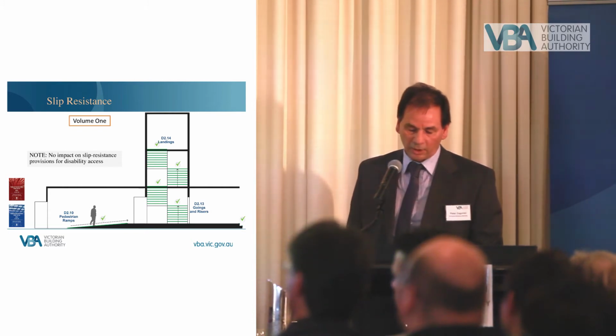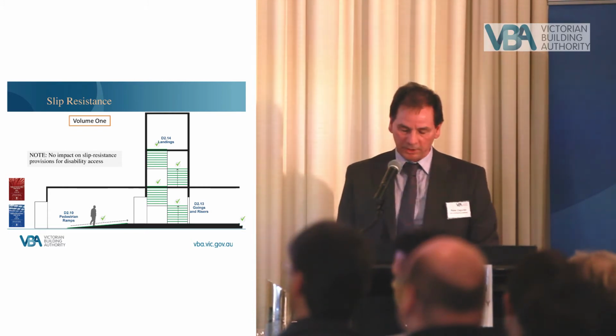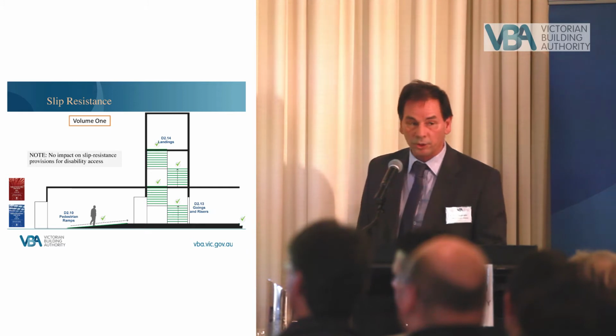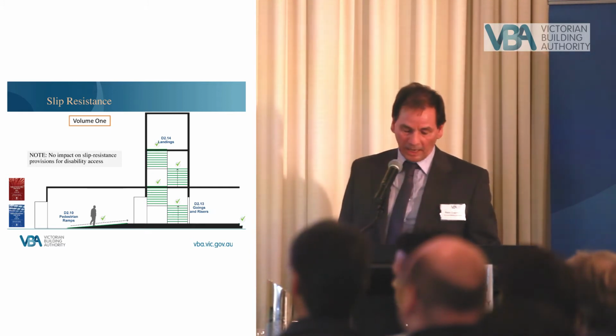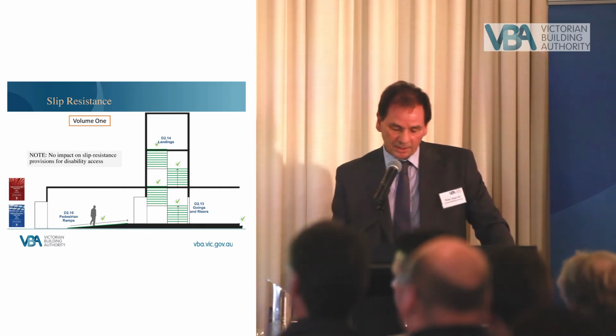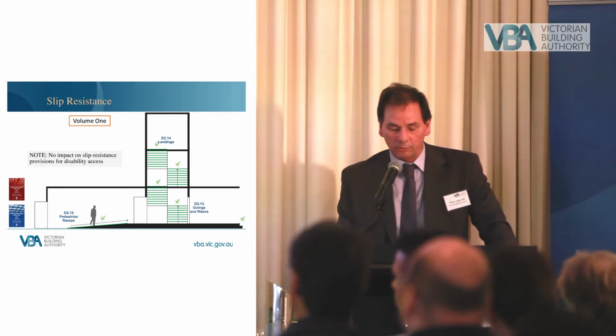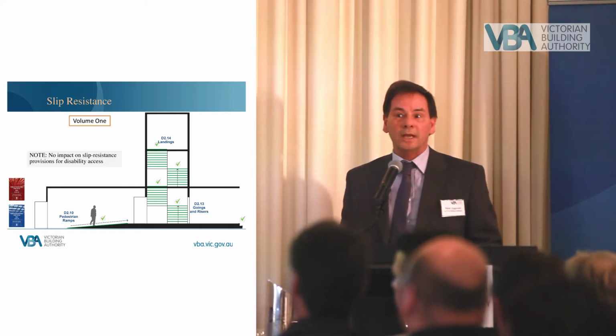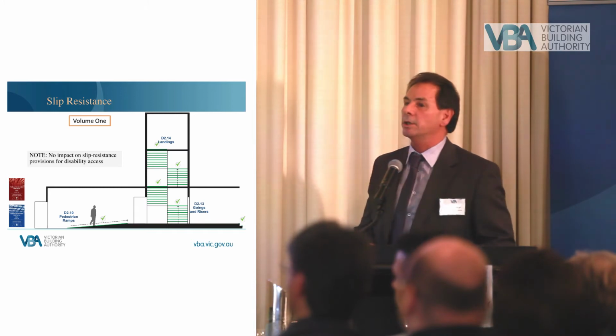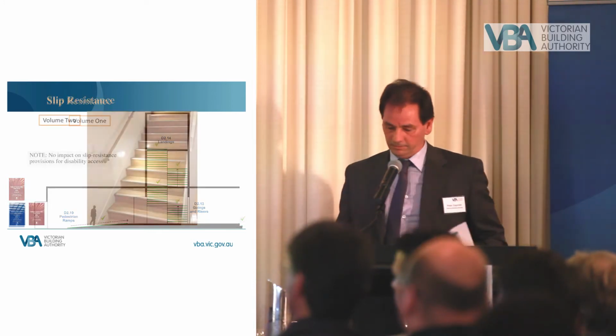And these changes will have no impact on the slip resistant provisions related to disability access, as any change to disability access must be undertaken as part of a review of the premises standard, which is scheduled for completion in 2016.